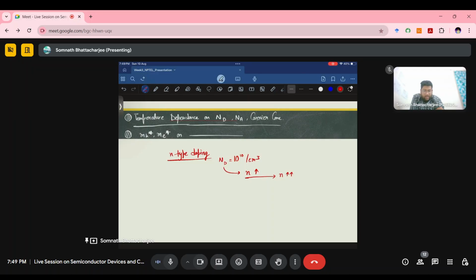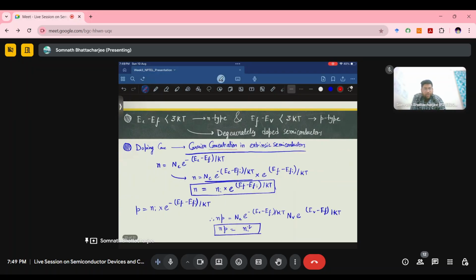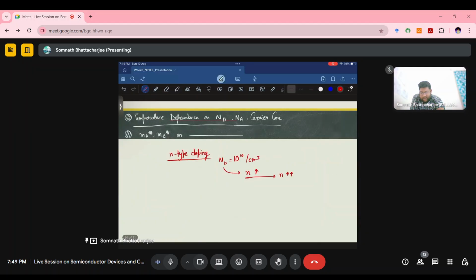This is the basic idea for degenerately and non-degenerately doped semiconductors, and different phenomena change based on that. I have not gone into the details of the doping concentrations in those cases. These are the empirical changes we can see, not the exact mathematical changes, so we have to learn about that separately.